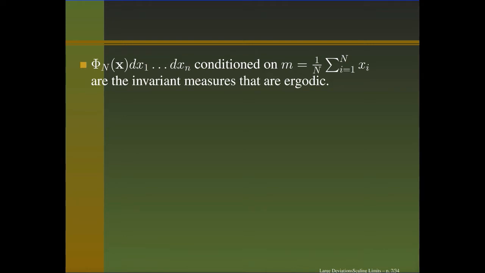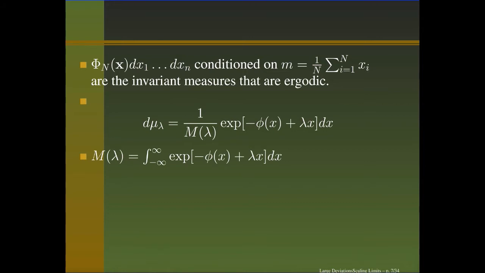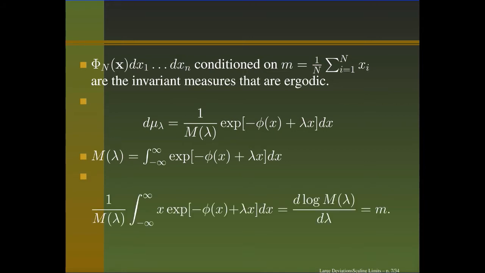Now, Cramér's theory of large deviations tells you that if you tilt the measure by an exponential weight to get a measure mu lambda, m lambda being the normalizing constant, then the conditional distribution of xi, conditioned on the average being equal to m, converges as capital N goes to infinity to one of these things.